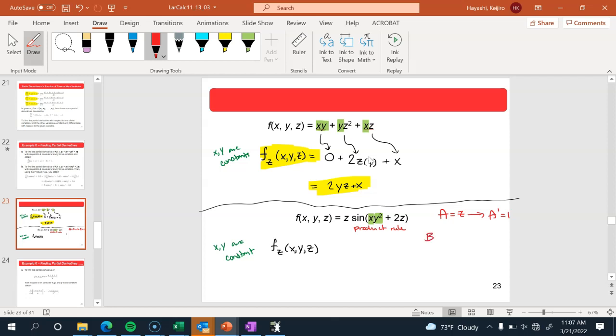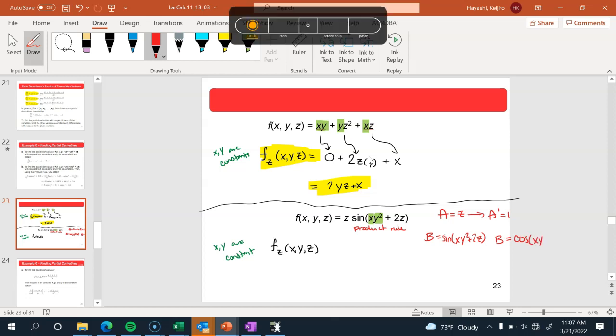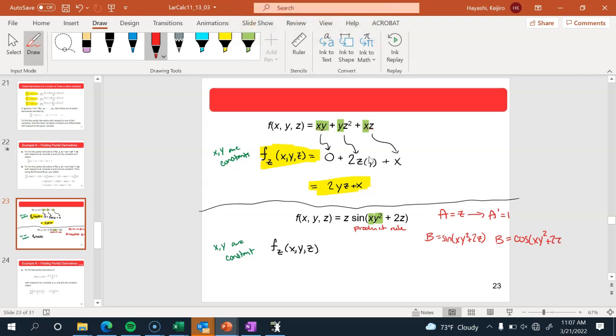The other thing, our b, is sine of xy squared plus 2z. The derivative of which is, of course, the derivative of sine is cosine, and we keep the inside the same. It's xy squared plus 2z. But then because of the chain rule, we have to multiply by the derivative of the inside, the derivative with respect to z of the inside.